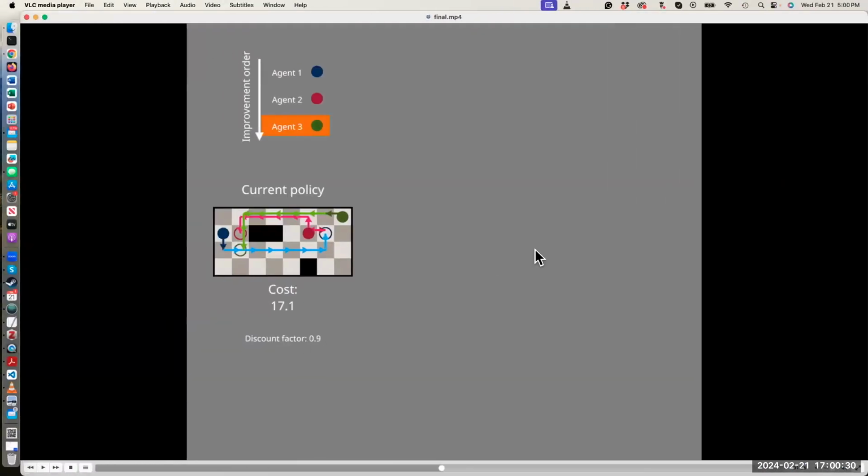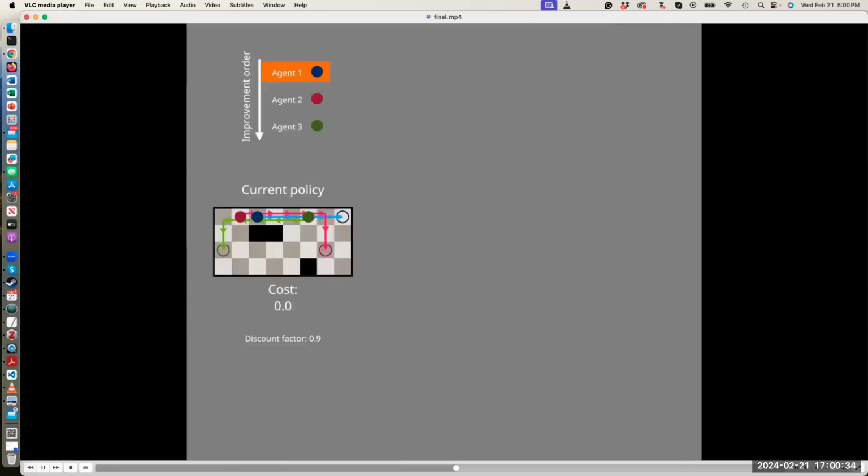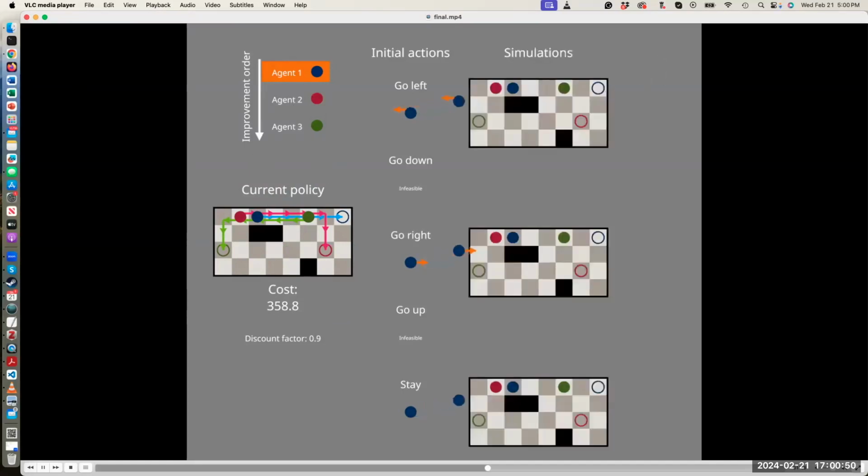So let's go to the last case. Again, if we look at the current policy, it involves 2 collisions. And if we follow this default order, agent 1, 2, and 3, remember that the base heuristic has this cost 358.